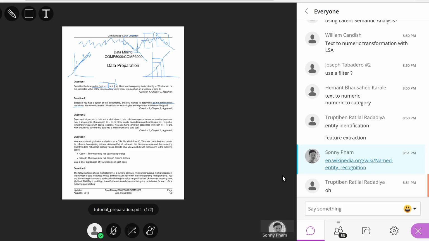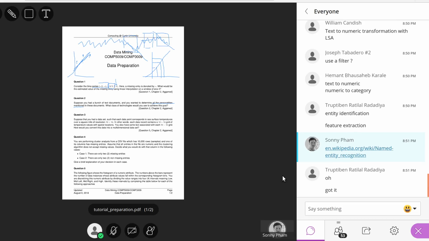So someone said entity identification. I think you nearly get it there. In fact, I think MIT or Stanford have an online named entity recognition. Let me check. I think I came across it last time.